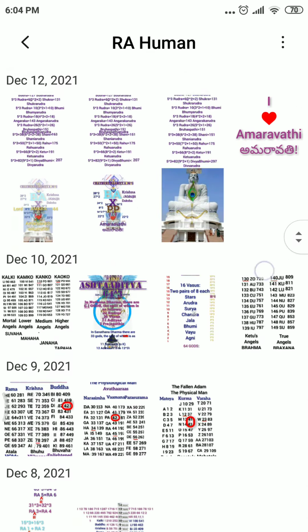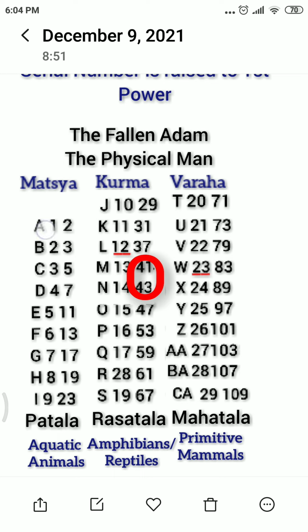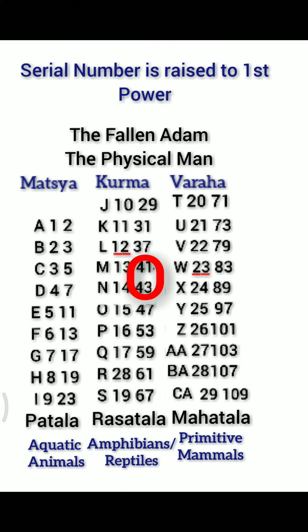I will show you that. See, from A to Z here, 1 to 26, we have 101 is the 26th prime number. That's fine. But what happens after Z?